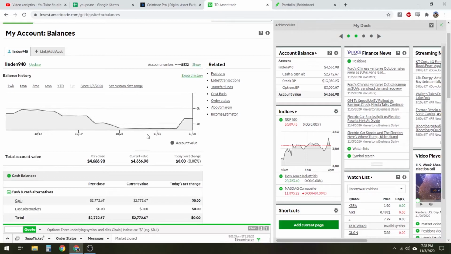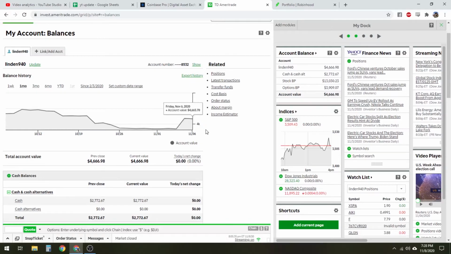It goes down. But I had a really good hit right here on the 5th, and I was able to really boost my account with an awesome trade. And I didn't take a trade Friday, so you can see my account didn't do anything. It stayed the same. You know what? Sometimes that's not a bad thing.